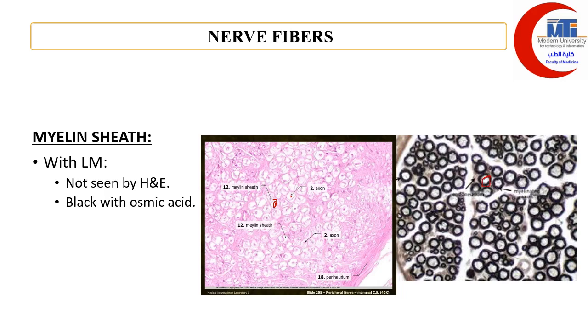This is my nerve fiber with H and E, and this is the nerve fiber with osmic acid. We see only the myelin sheath, because it is dissolved in the H and E stain, since it is formed of the cell membrane of the Schwann cell and it is formed of lipids.